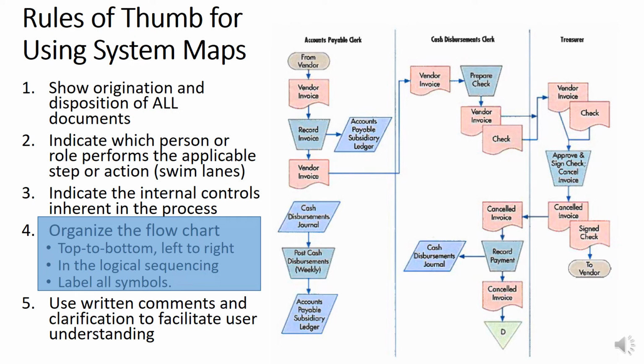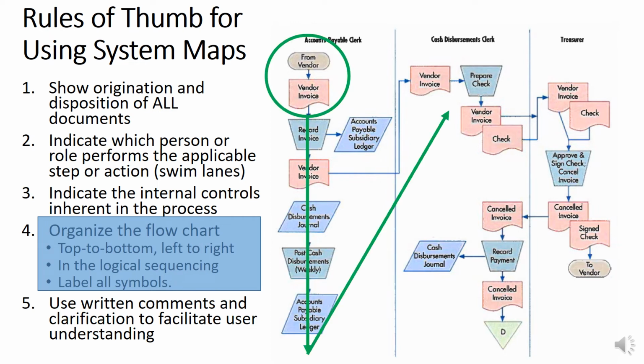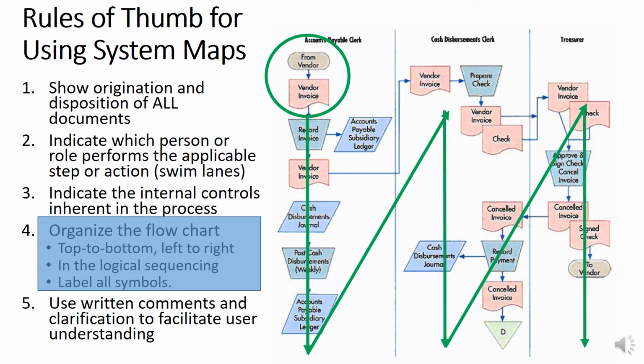The flow chart should follow a logical order. It should start in the top left and flow from top to bottom and left to right. The process flow diagram should also follow the logical sequencing as the process would flow in real life, and each symbol on the chart should be labeled.